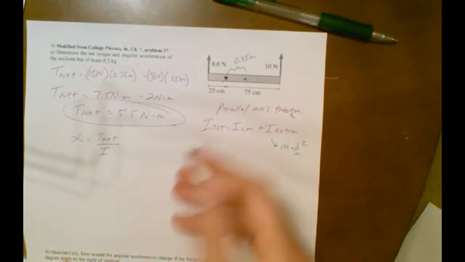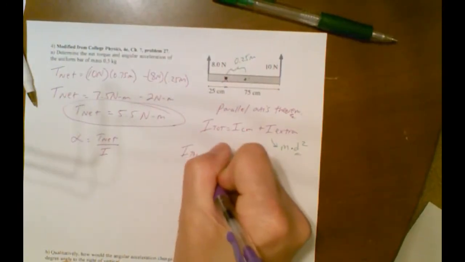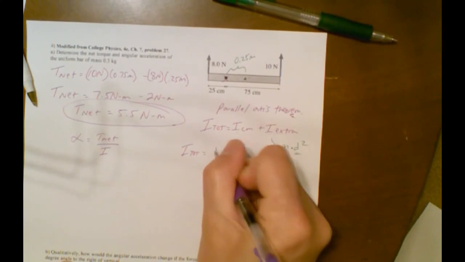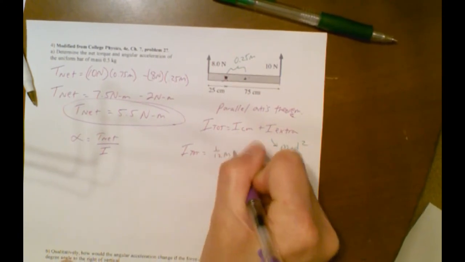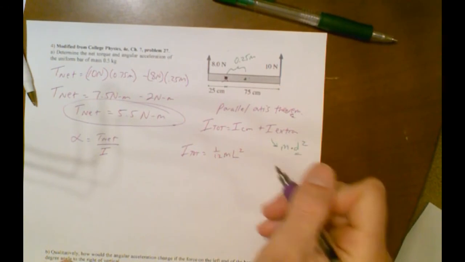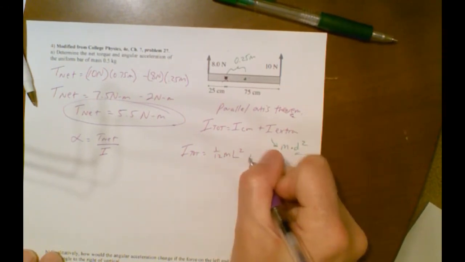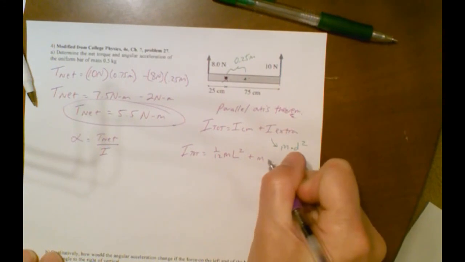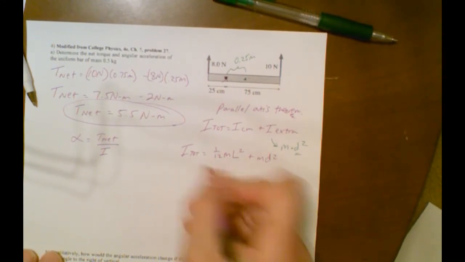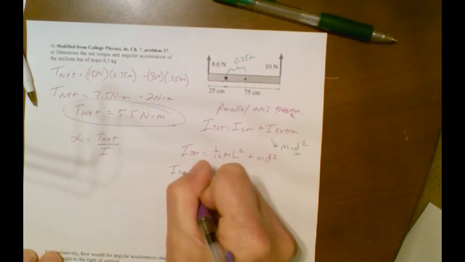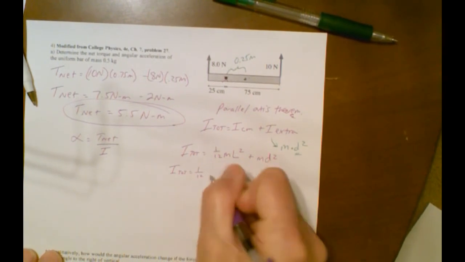Okay, so to find the moment of inertia, this is 1/12 ml squared, and this is going to be md squared. Okay, 1/12.